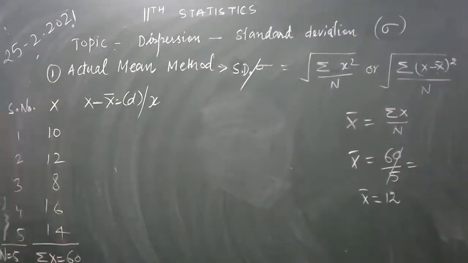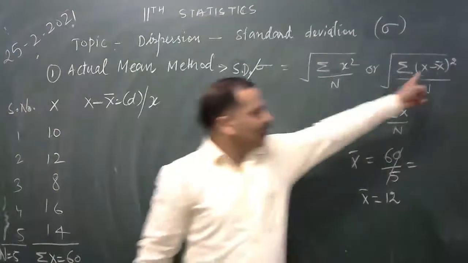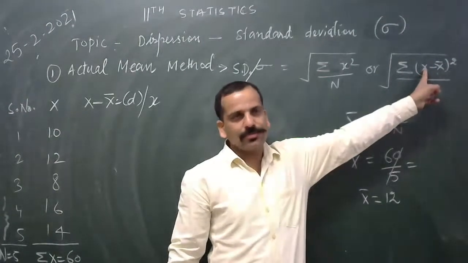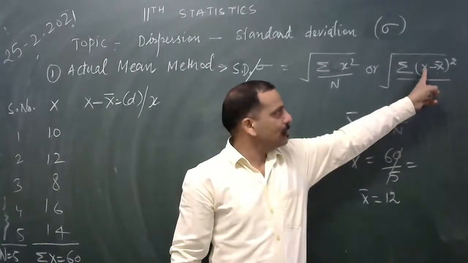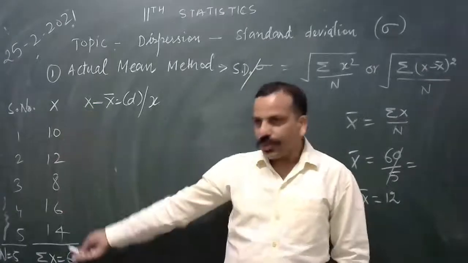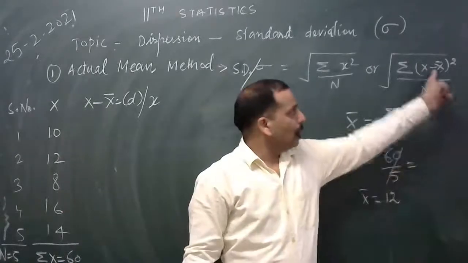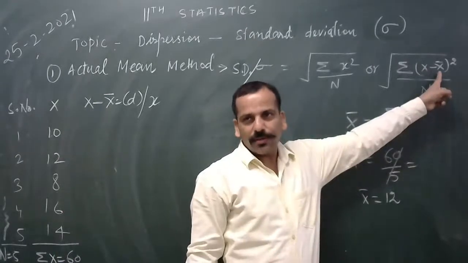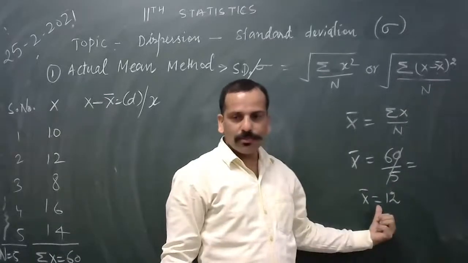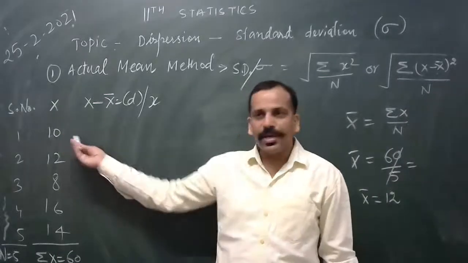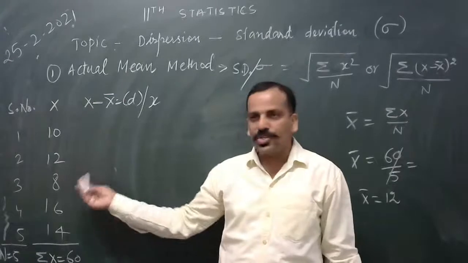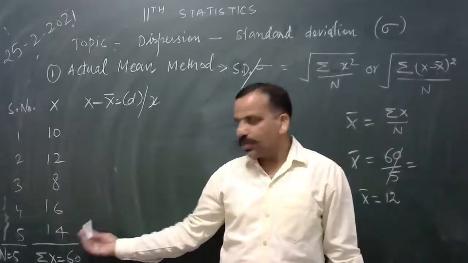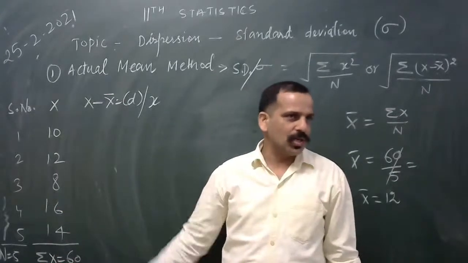Now, the meaning of deviation: these are the actual values of x, minus the mean. And what is the mean value? 12. So it means 10 minus 12, 12 minus 12, 8 minus 12, 16 minus 12, and 14 minus 12.